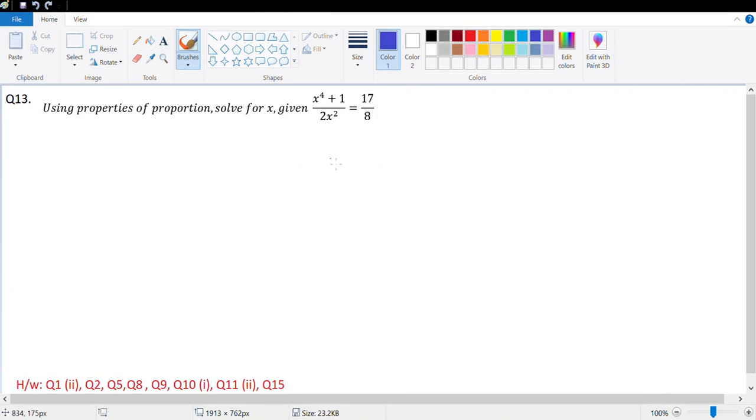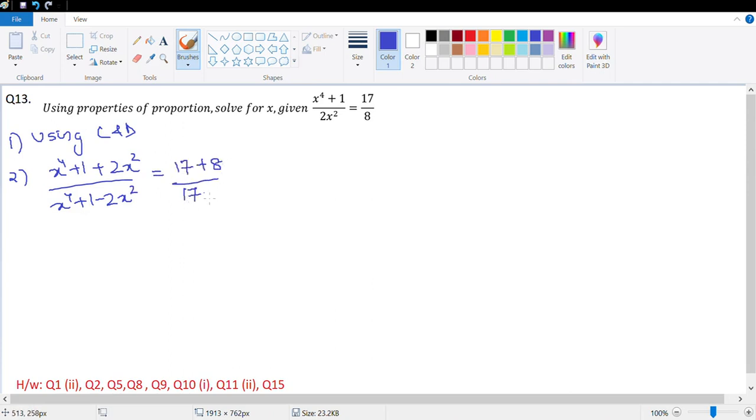Again, an interesting question using properties of proportion. So, using componendo and dividendo, we get (x to the power 4 plus 1 plus 2x square) upon (x to the power 4 plus 1 minus 2x square) is equal to (17 plus 8) upon (17 minus 8).